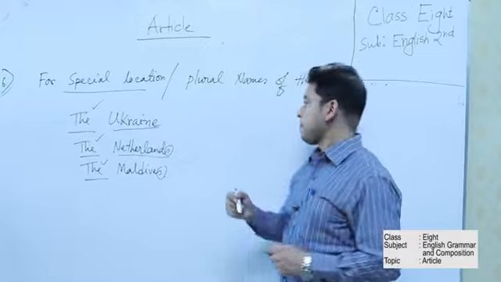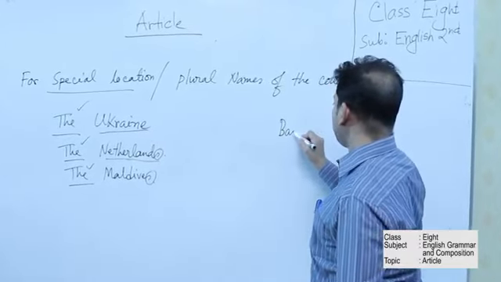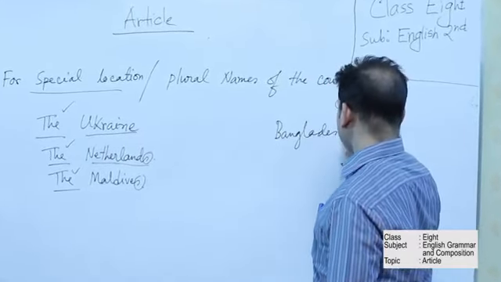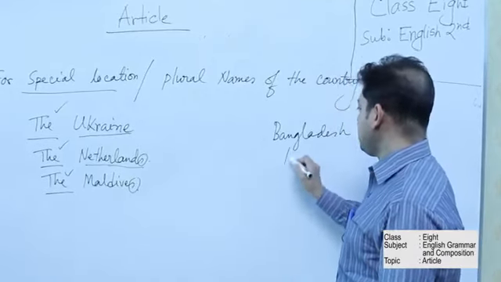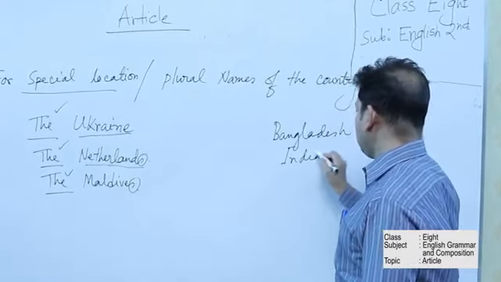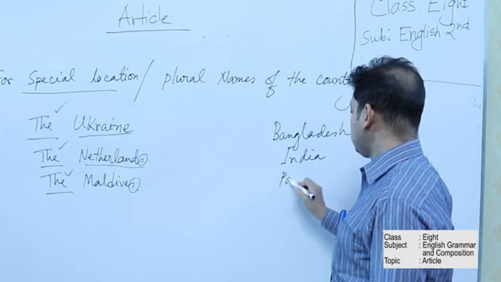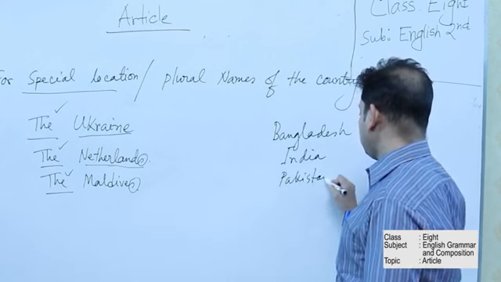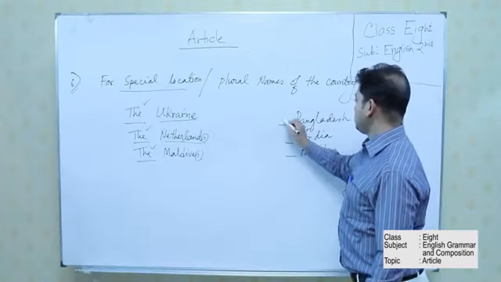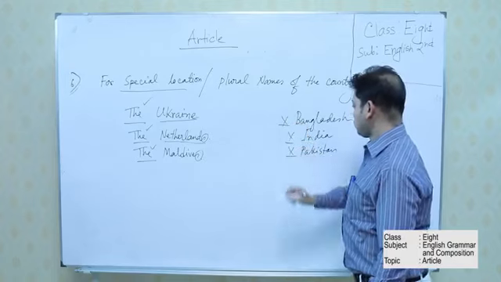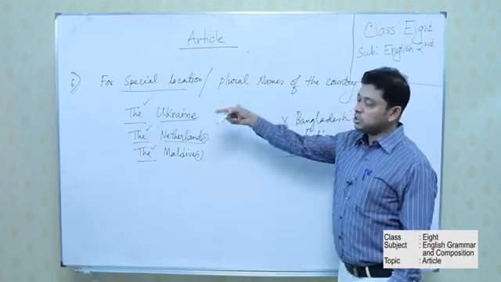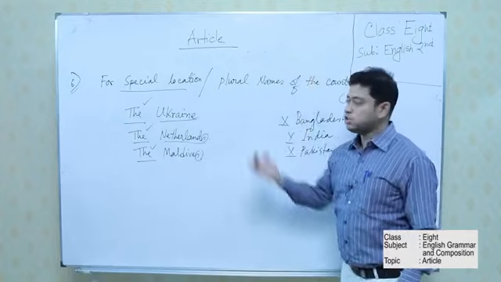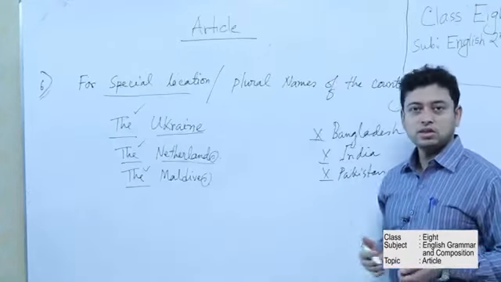For example, before the name of Bangladesh, before the name of India, before the name of Pakistan, we cannot use any article. There will always be a cross. So we are using articles for a special reason, for a special geographical location.